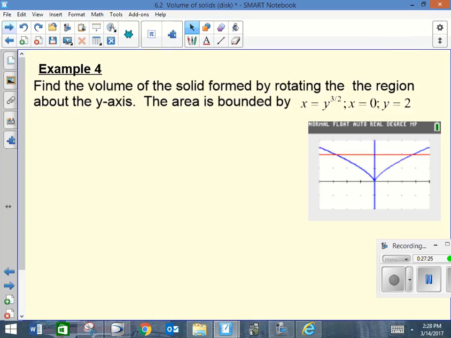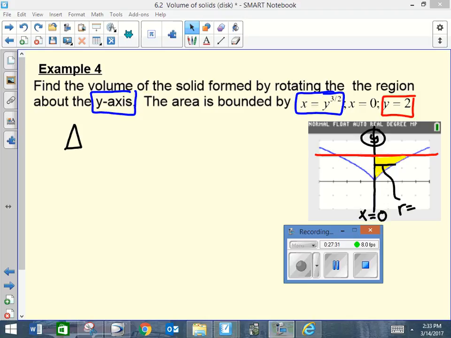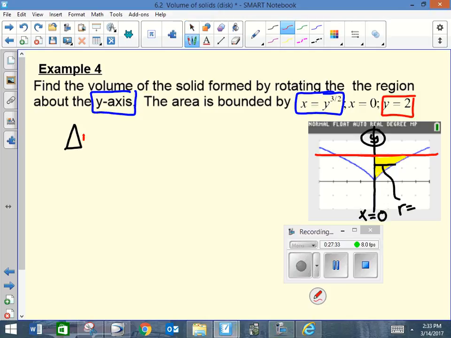Okay. All right. You want to try this one by yourself? Yes. We're going to go in terms of Y, right? So your radius is Y to the 3/2 minus 0.